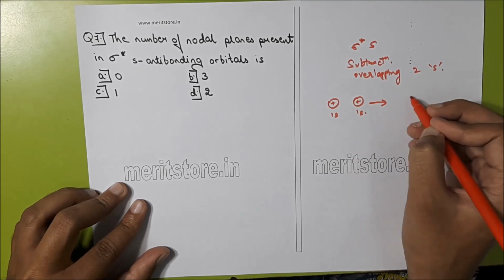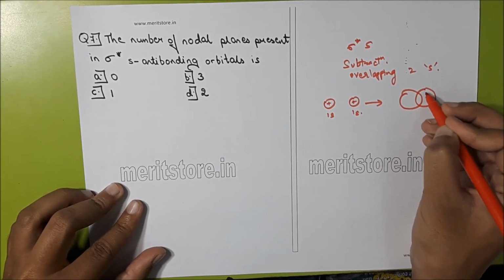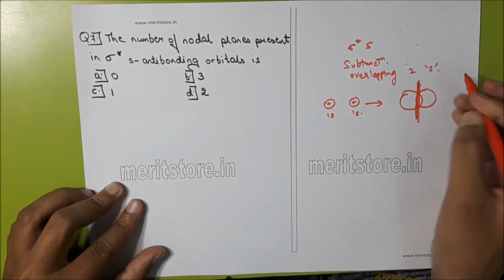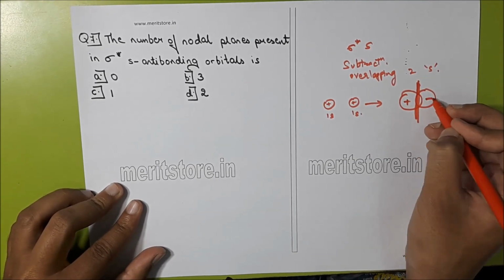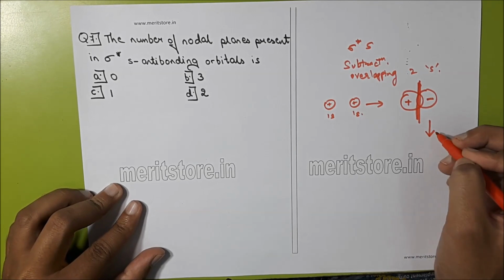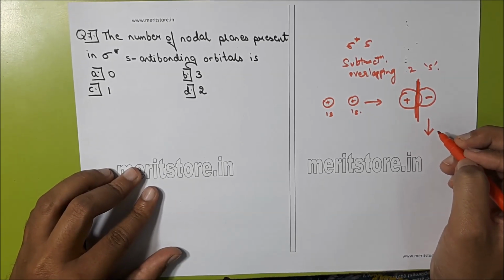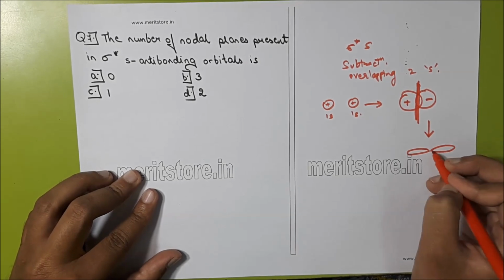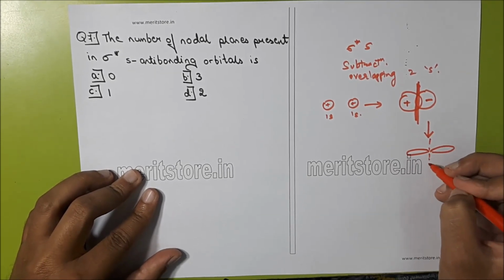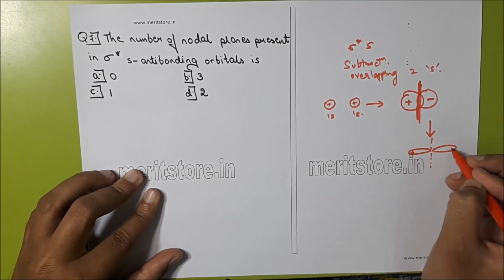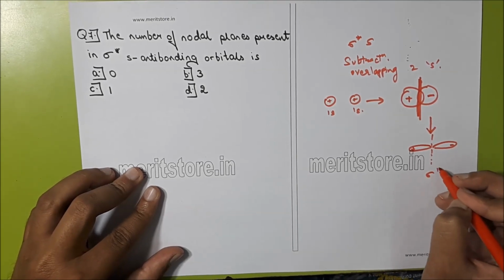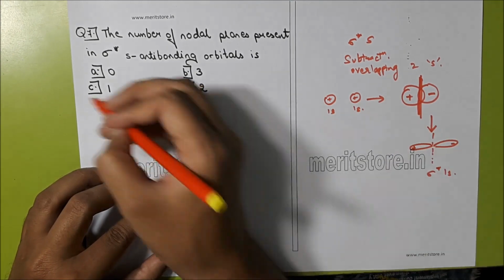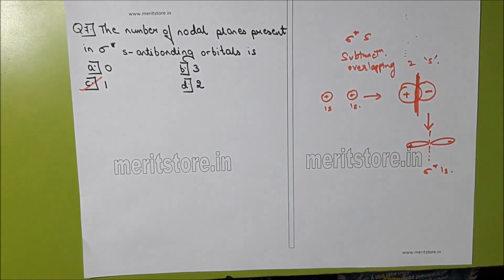By overlapping we get this part. This is node, plus sign, minus sign. So our sigma star 1s antibonding orbital is formed by subtraction of 1s orbitals, plus charge, minus charge. This is our sigma star 1s nodal plane. So there is only one plane. So option C is the correct option.